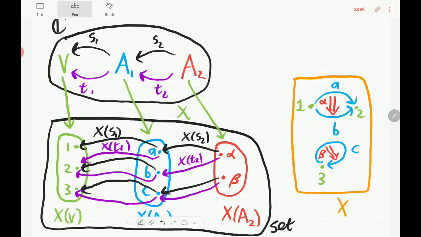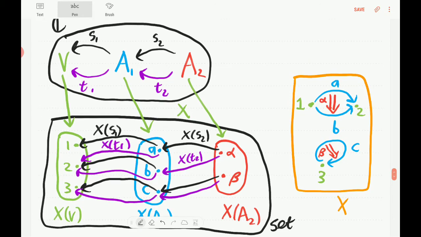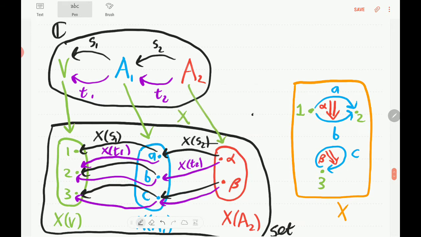So of course, if we're taking everything on face value, we think that the objects of set to the power of C are just going to be functors from C to set, and we can think about what they look like in this kind of arrow-based way.